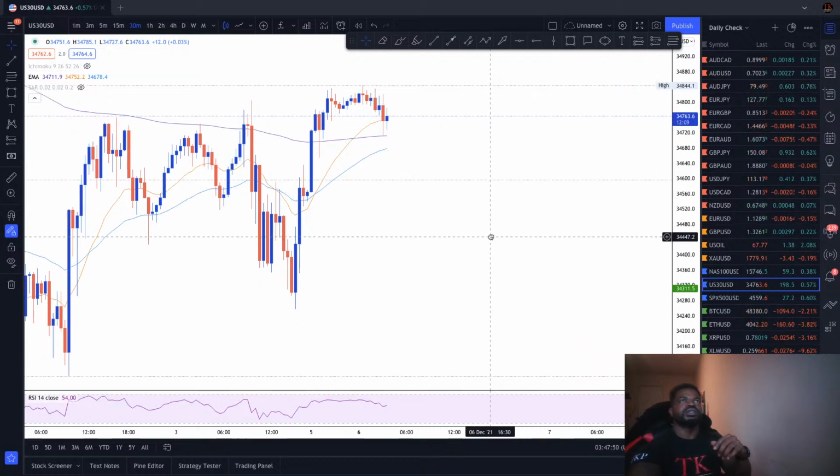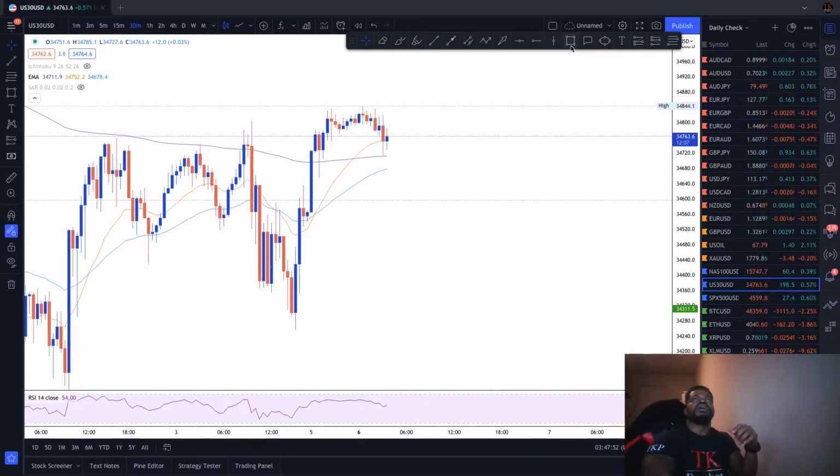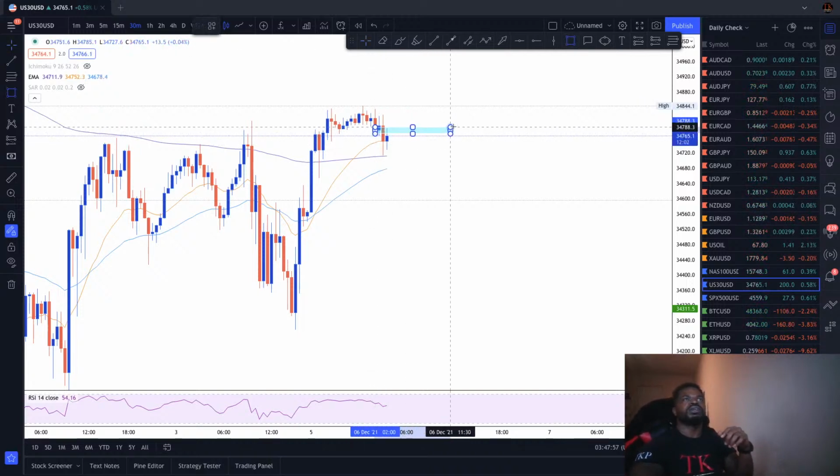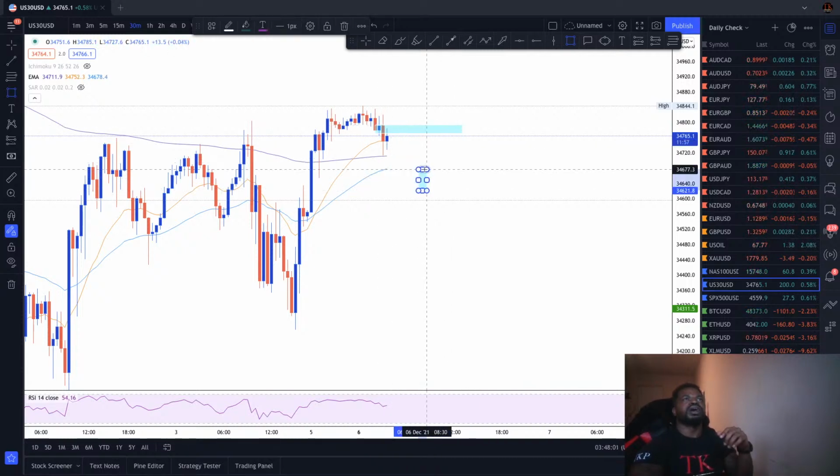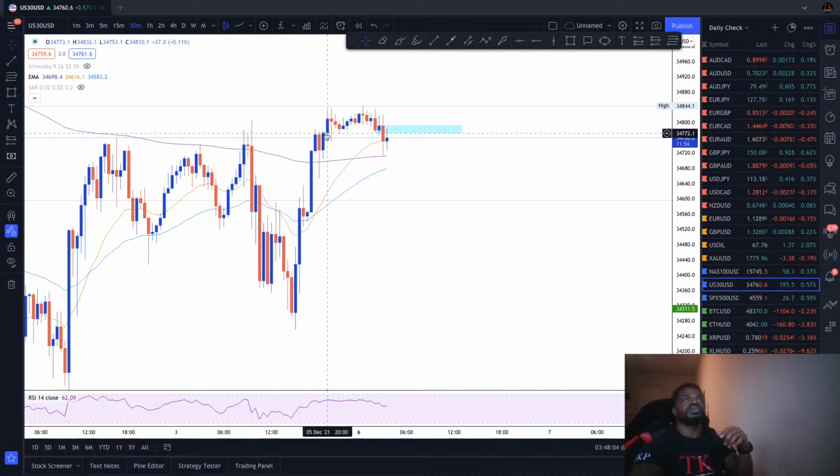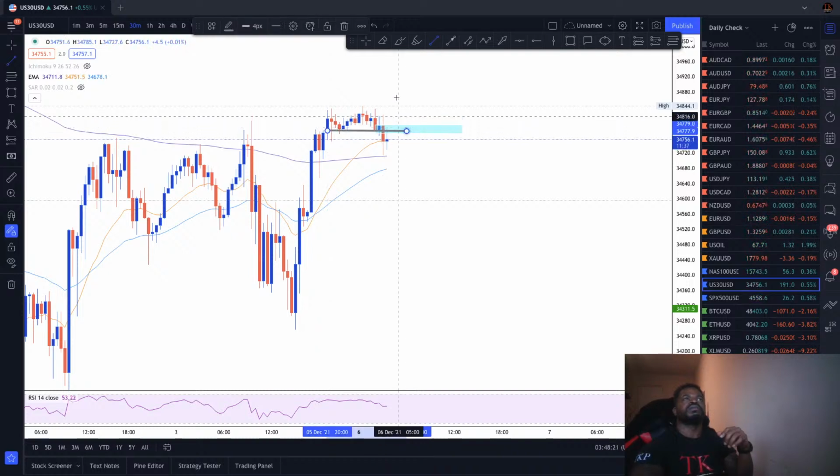US 30. Even though we broke above the 200 EMA, price started making lower highs and lower lows. Here, we got lower highs, lower lows, and now price broke this micro structure here. Price came back to retest it after the drop.